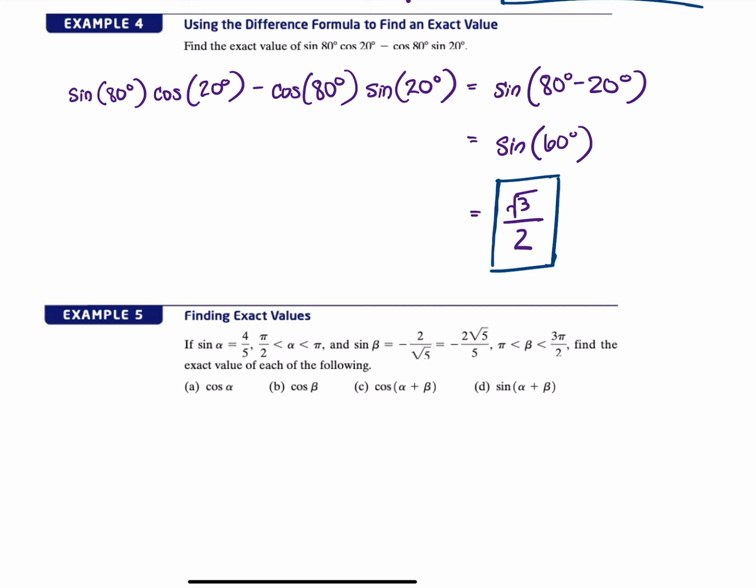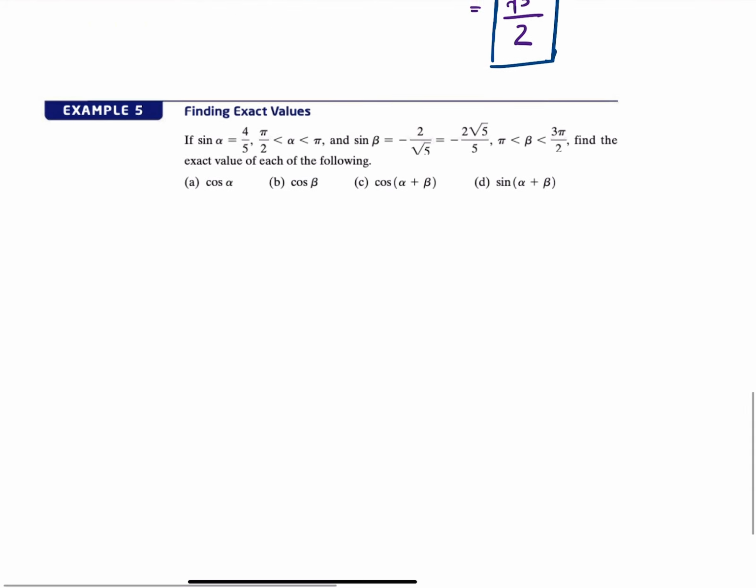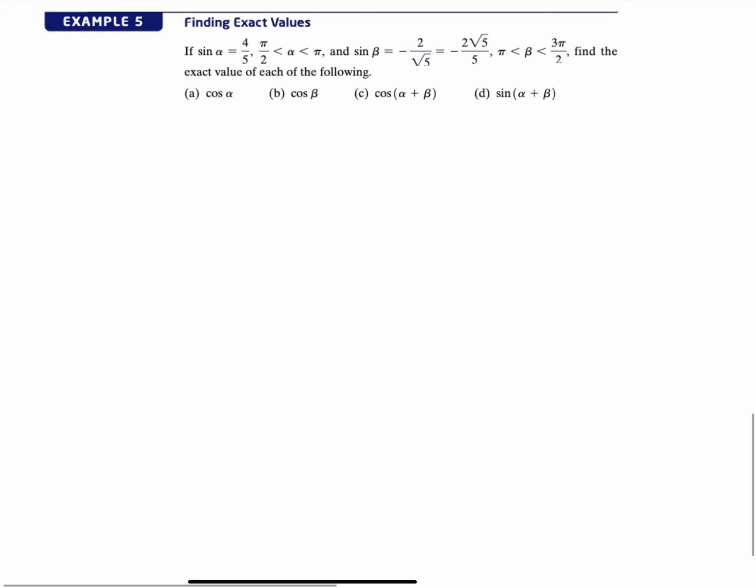Okay, let's look at a slightly more complicated example. So kind of a messy prompt here. They say if sine of alpha is 4 over 5, and alpha is between pi over 2 and pi, so that's the second quadrant, and sine of beta, our second angle, is negative 2 over root 5, which is equal to 2 root 5 over 5 if we rationalize, and beta is between pi and 3 pi over 2, so that's the third quadrant.